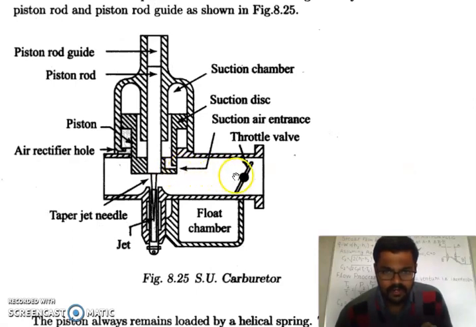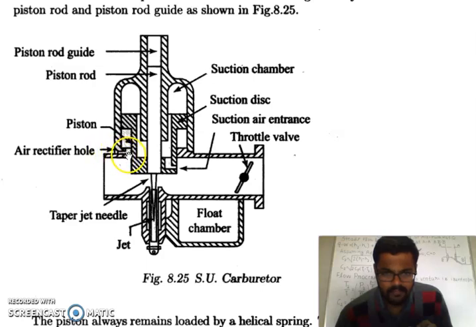So when your engine runs, this throttle valve is open. The air will be sucked from this space, and when the air is sucked, what will happen? This is a suction chamber. The pressure in this chamber will decrease. If the pressure in this chamber decreases, this piston will start to move up, because on this side there is an air rectifier hole which is subjected to atmospheric pressure.